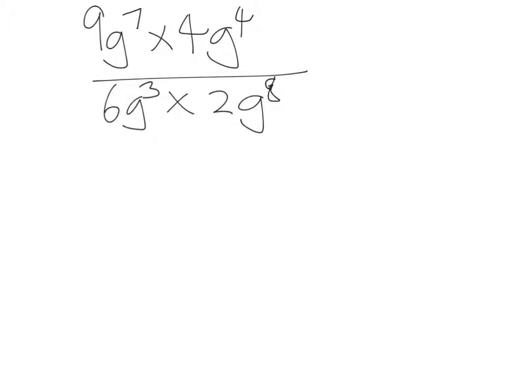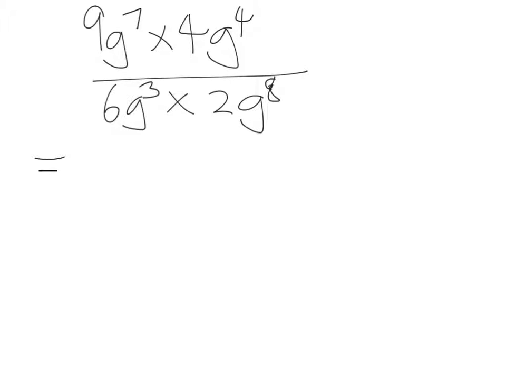Here is another example using the third index law, but also the first and the second index laws. So in this, I'm going to do the same as we have before, which is gather all the normal numbers on the left-hand side. So if I look at that, I've got 9g to the power 7 times 4g to the power 4 divided by 6g to the power 3 multiplied by 2g to the power 8.